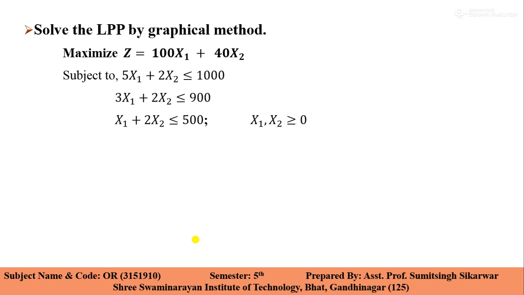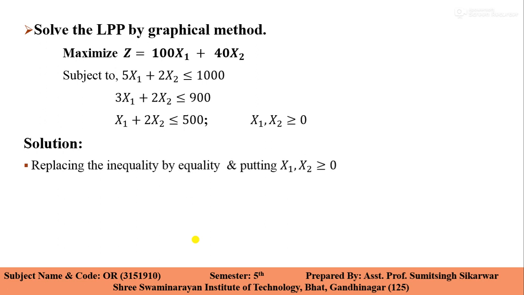Now let us solve it. Again, we need to do the same procedure as we did in our previous examples. We'll put the values of x1 and x2 equal to 0, and we'll have the points through which the lines given in the problem pass. So 5x1 + 2x2 = 1000 passes through the points (0, 500) and (200, 0).